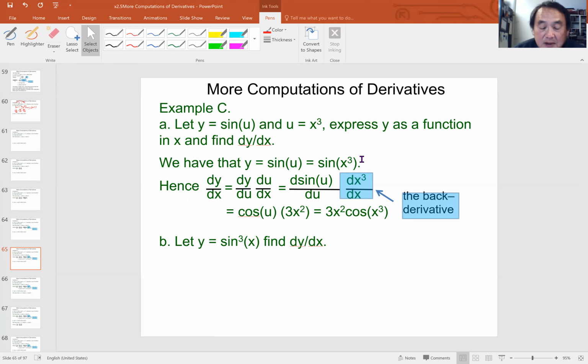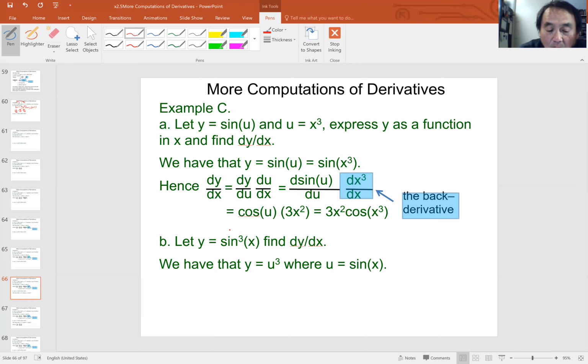Now, the next one: find the derivative of sine x cubed. Now, the order is different. This one, we're talking about y is equal to somebody to the third power. So therefore, y is a function of u, which is u to the third power. And what's the u? U is the base, sine x.